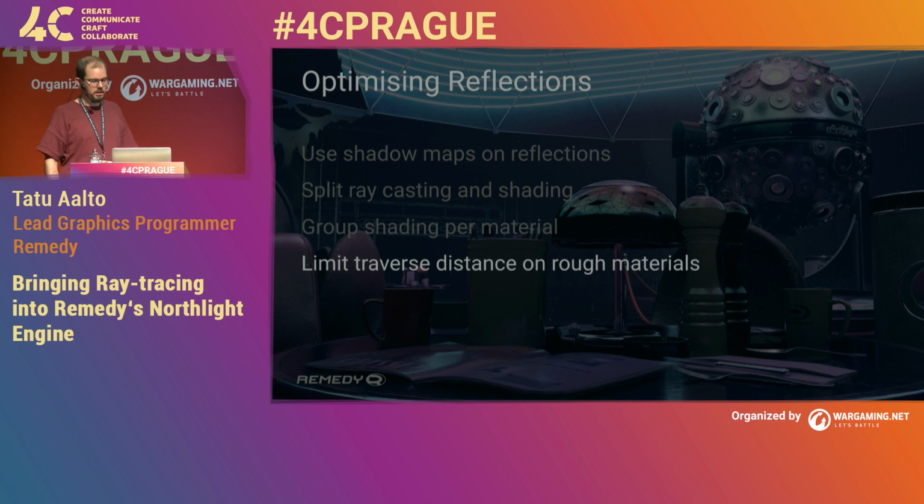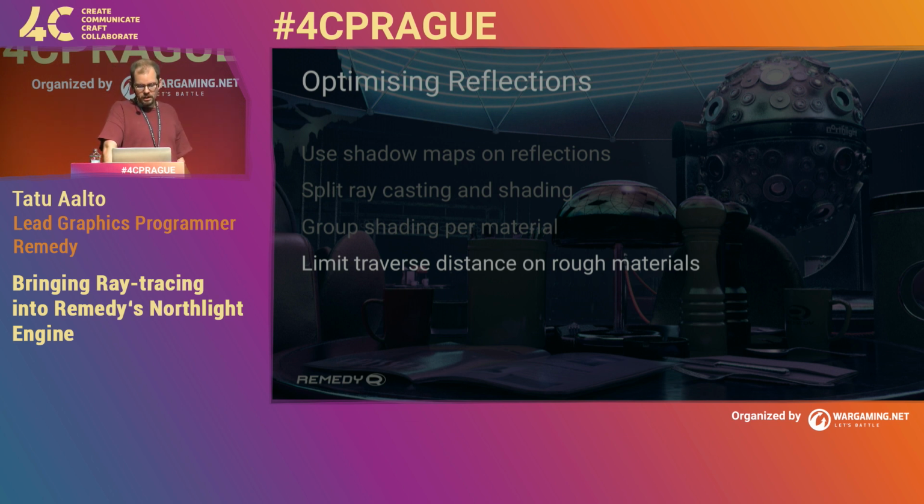And then the final optimization that we've been using now is to limit the traverse distance of the specular rays. This is a bit engine specific. Since we store indirect illumination into a volume, we can read low detail radiance anywhere in the scene. So we are using this to optimize and reduce variance of lighting on rough surfaces.